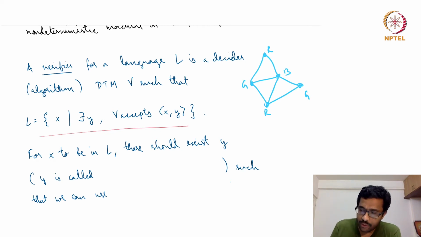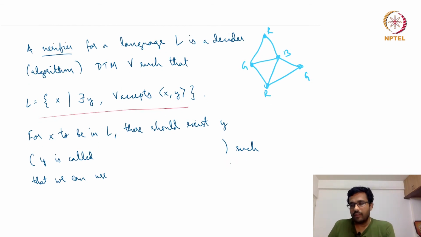Now, if I give you this 3 coloring, the verifier can verify that this is an actual, proper 3 coloring. So with the help of this assignment, a verifier can verify that this graph is 3 colorable, right? So I want to decide, or I want to verify whether this graph is 3 colorable. Sure, you can do that, because if I give you the 3 coloring, you can verify it, right?